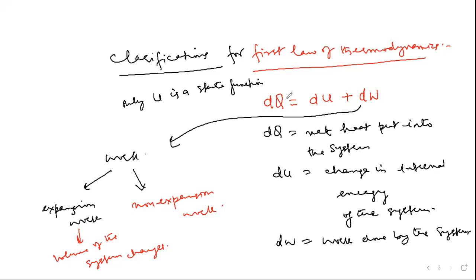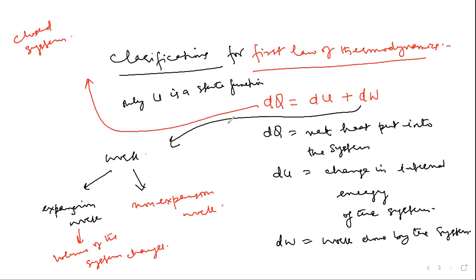Isolated system can be taken as a special case from this. Closed system means where there is no matter exchange taking place between the system and the surroundings. Heat can exchange between the system and the surroundings. So when we are using this, we are considering some closed system, right?